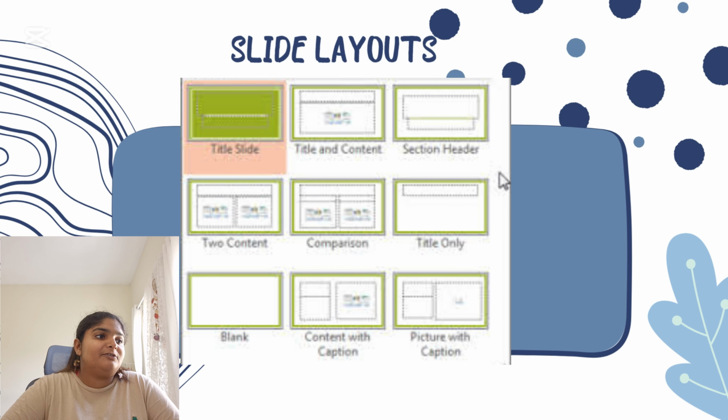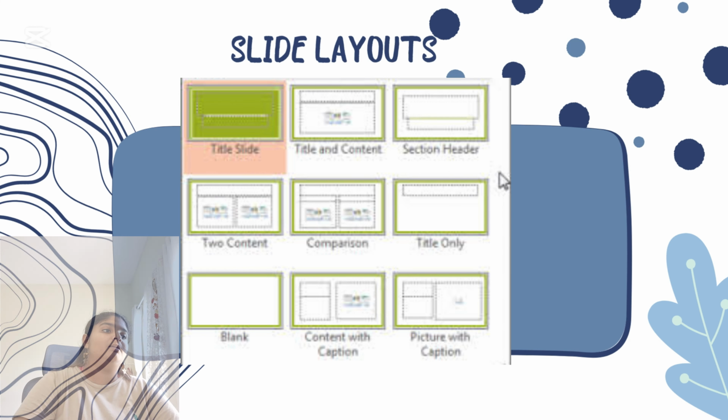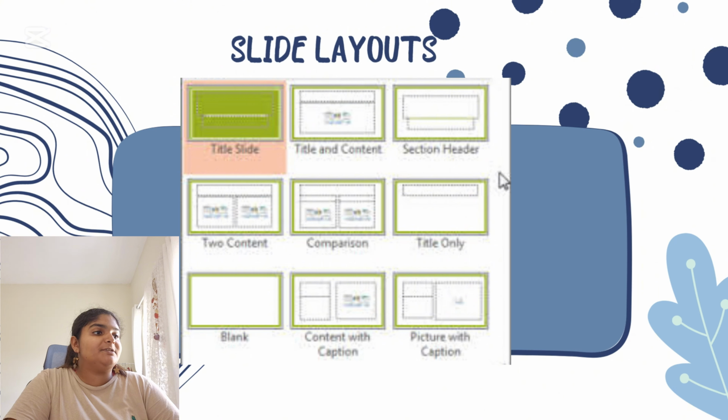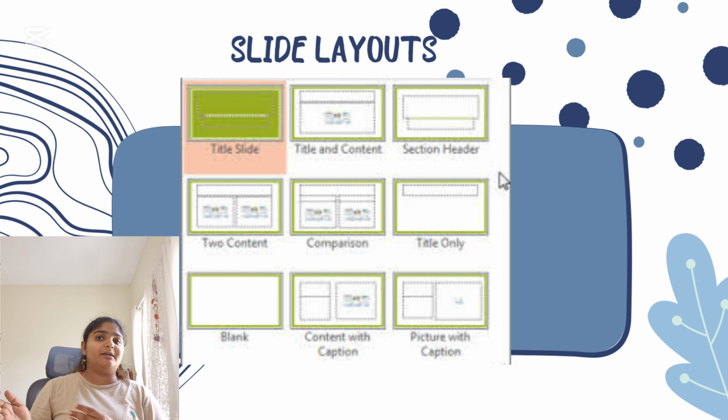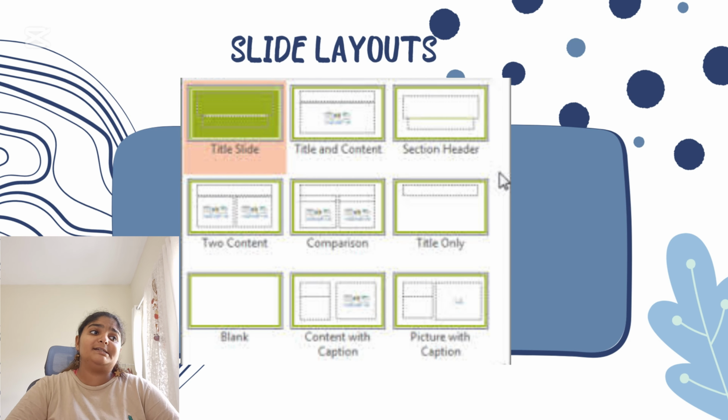That is why Microsoft has 9 types of slides that you can choose from. Among the 9 types of slide layouts, we choose each type according to our needs. If you just want the title, we have the title slide, whereas if you want to compare one thing with another, there is the comparison slide. So these types of slides help you work with different types of information.